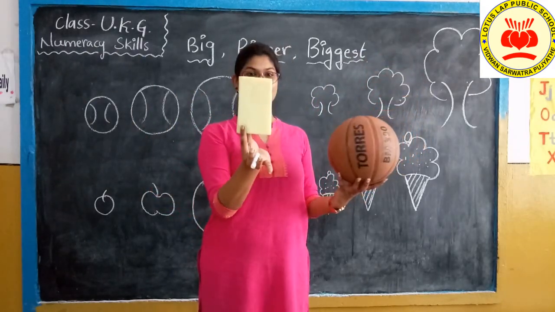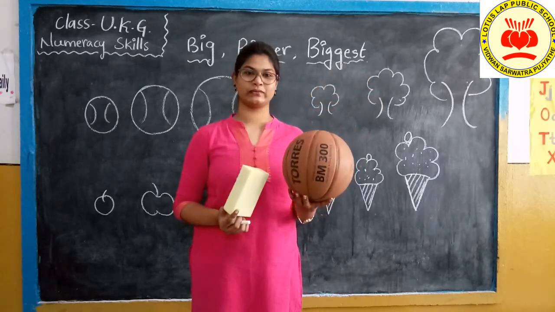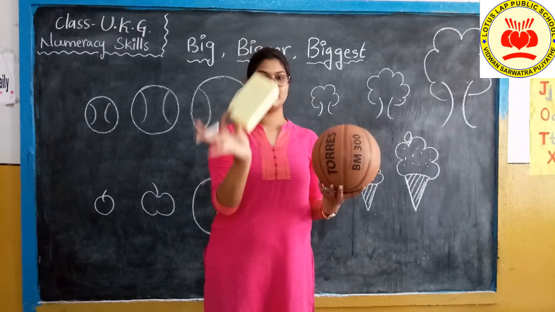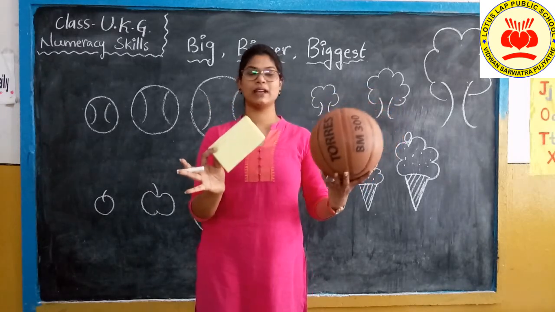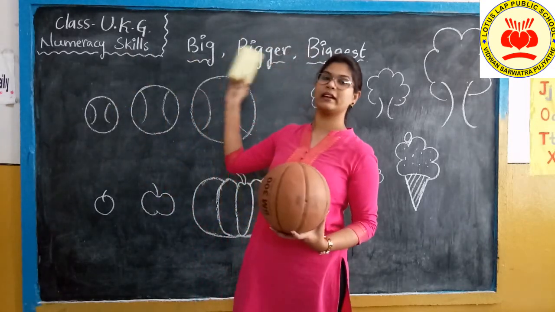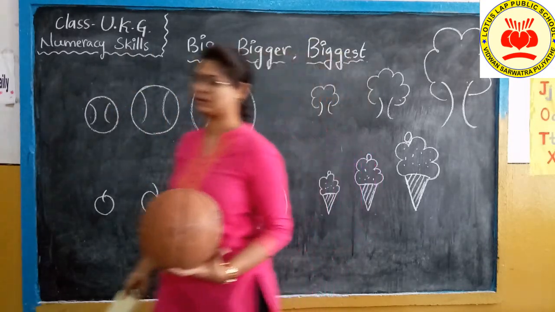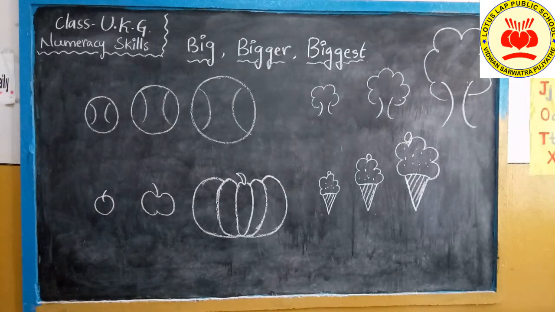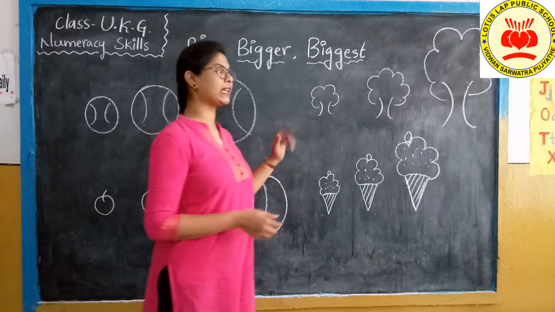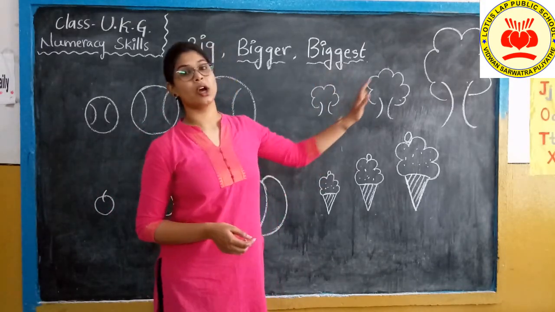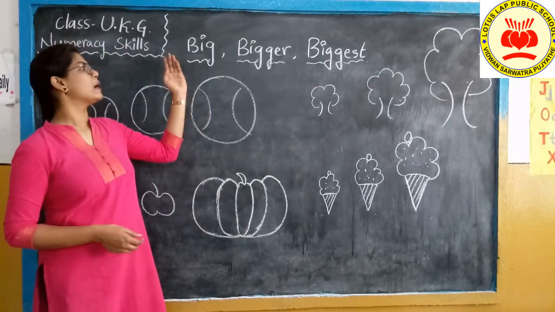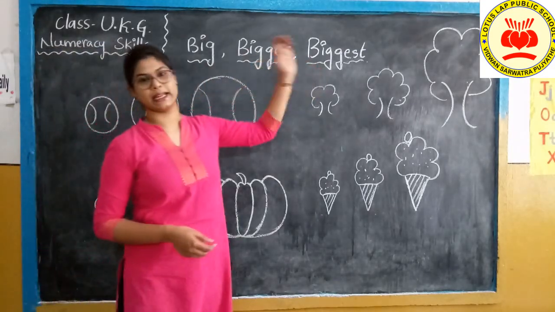Big, bigger, biggest. Right? So there are three comparisons: big, bigger, biggest. So children, what are we comparing here? The size of objects. The size of objects can be told as big, bigger, biggest.